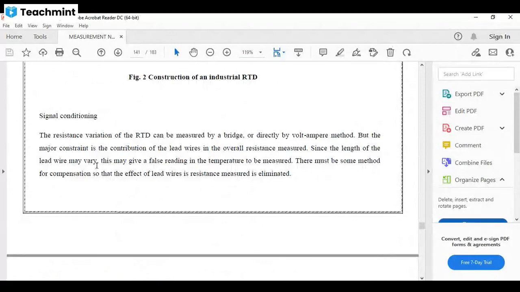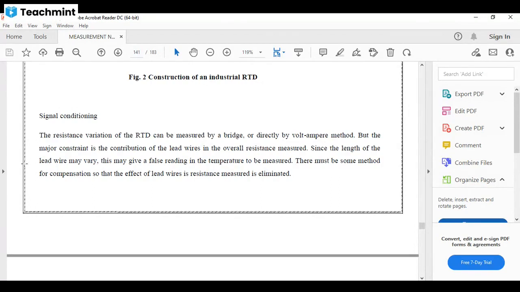In signal conditioning, the resistance variation of an RTD can be measured by a bridge, or directly by the volt-ampere method.